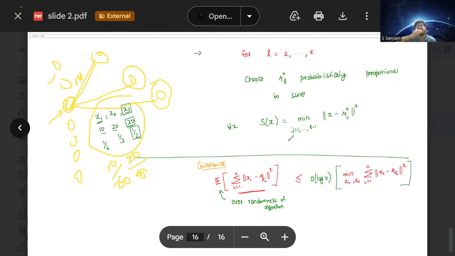And if the SX score is highest, it will be the most probable for the next cluster because it is the distance from its minimum. So it will obviously be far from the maximum.